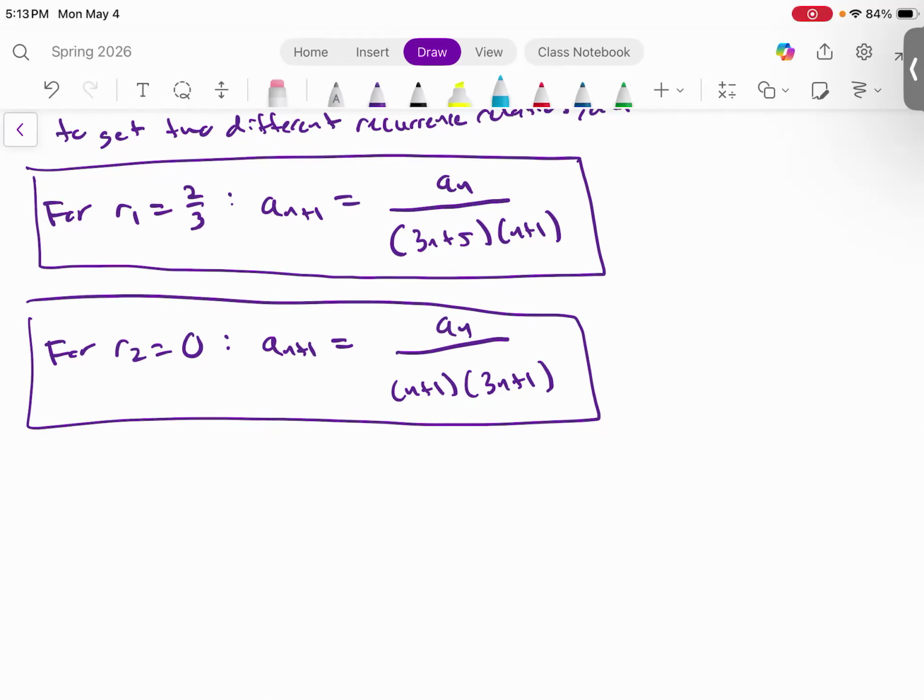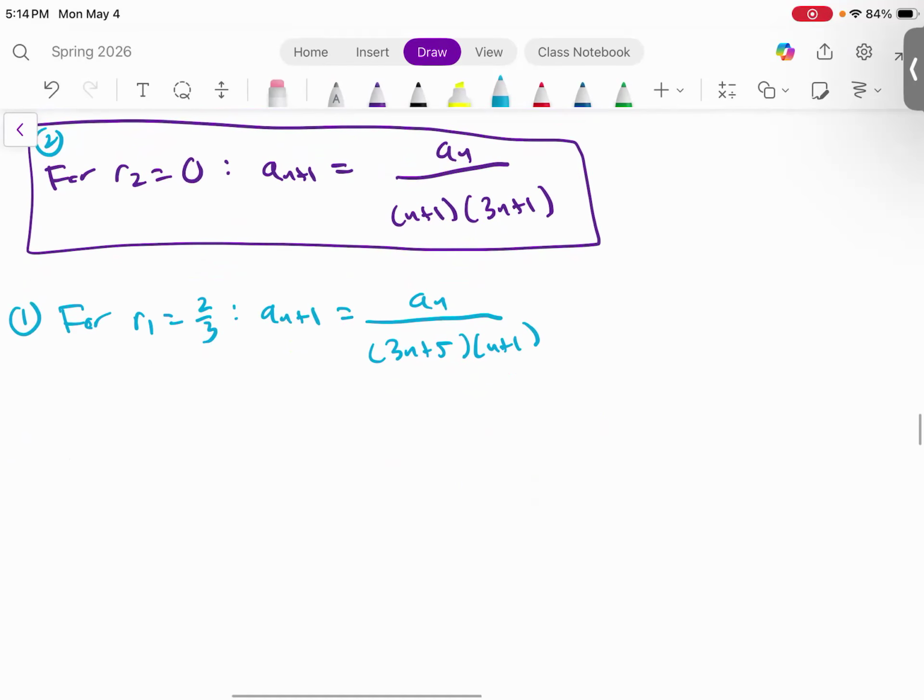So here I'll say, for R sub 1 equals 2/3, right? We get the recurrence relation. I'm going to rewrite it again so it's a little accessible to us. 3n plus 5 times n plus 1. Okay, and we are just going to go out and get some constants.